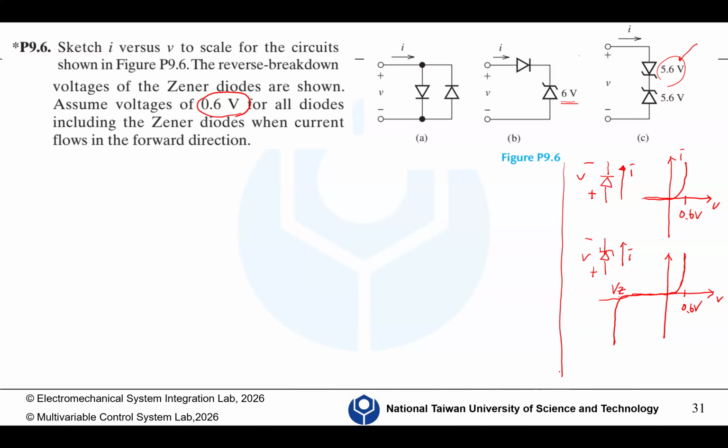For A, we talked about this in class. For A, when V is larger than 0, this diode is under forward bias. So we can have a VI curve. This is V. This is I.